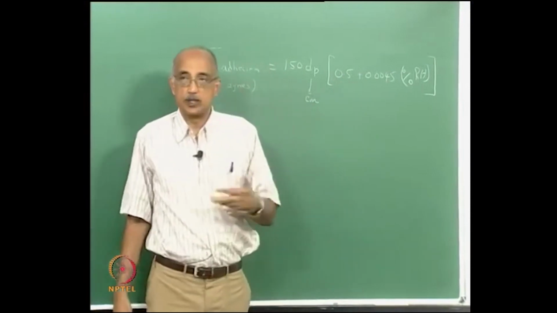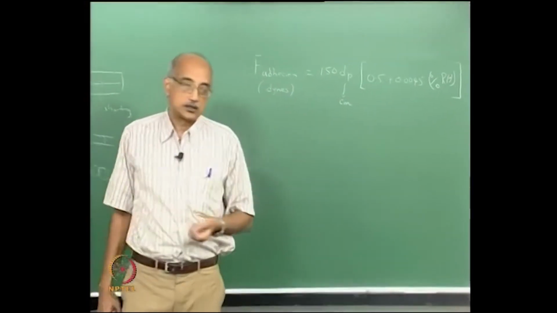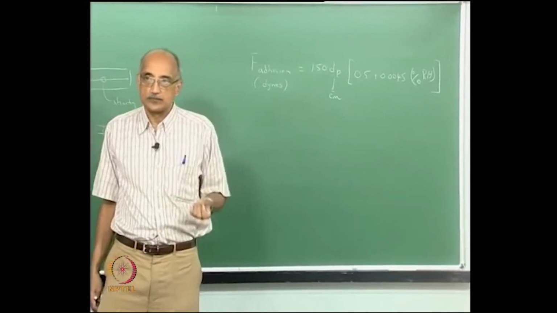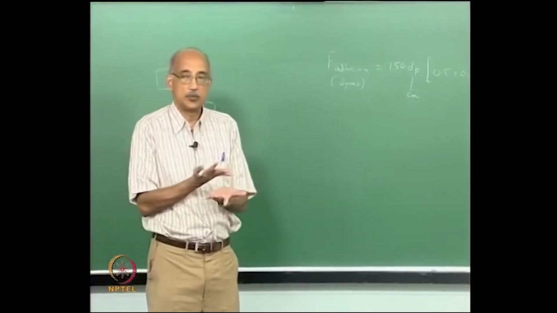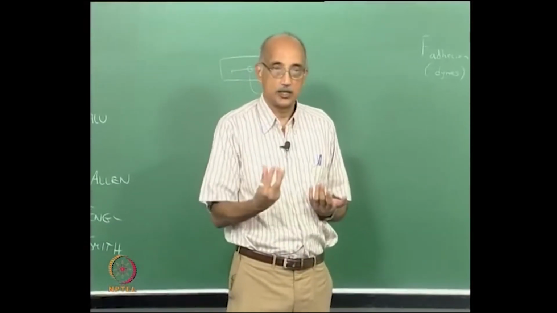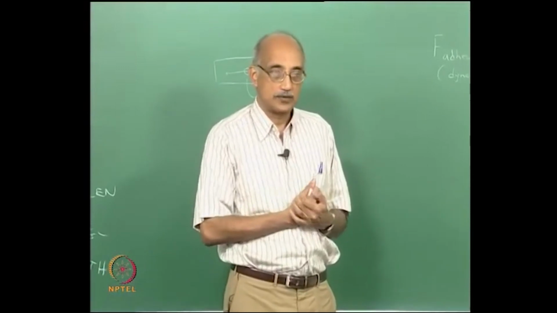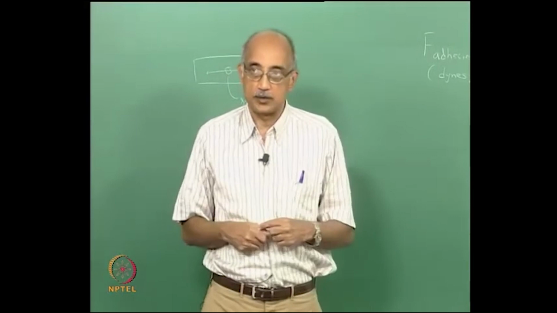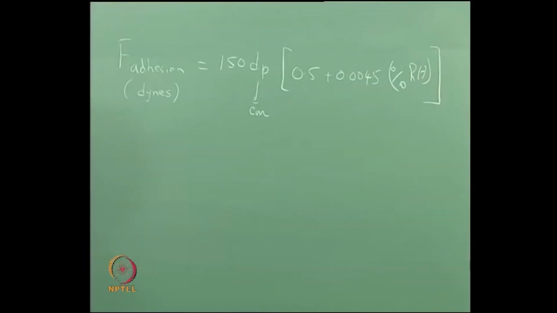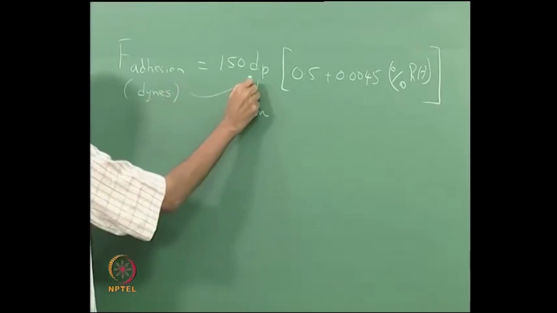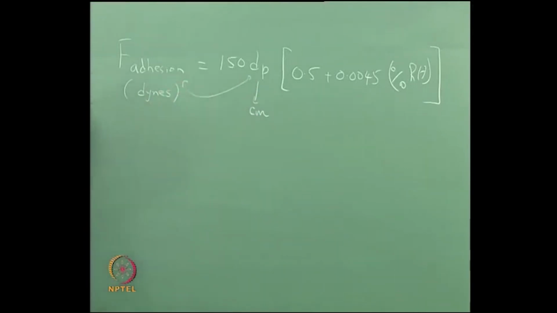You are essentially doubling the adhesion force, and the reason of course for that is relative humidity is basically moisture, and when moisture gets between the particle and the surface, you form liquid bridging as well as solid bridging, which can provide very high adhesion forces. It's basically a surface tension phenomenon. But even in the dry case, you can see that there is a fairly clear linear dependence of the force of adhesion on particle size.